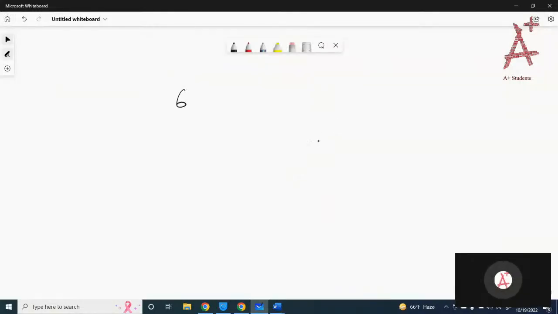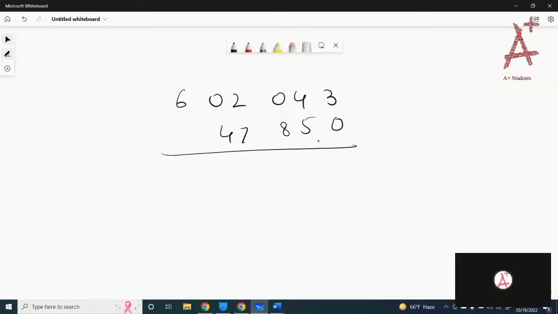Okay, the first one is we have to add. The numbers are 602,043, and you have to add 4,785 and 0. So start adding from the ones digit.